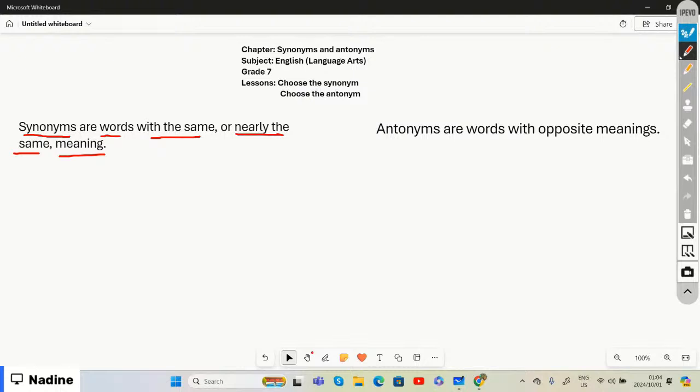If we look at a few examples of synonyms, remember, words with the same meaning or almost the same meaning.